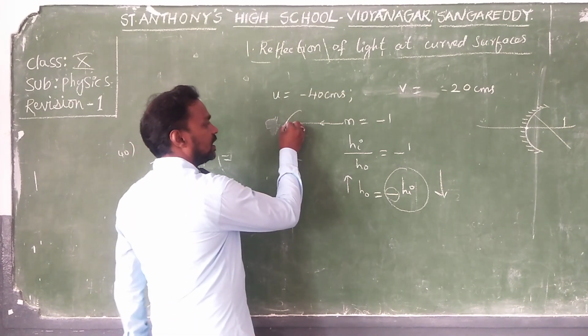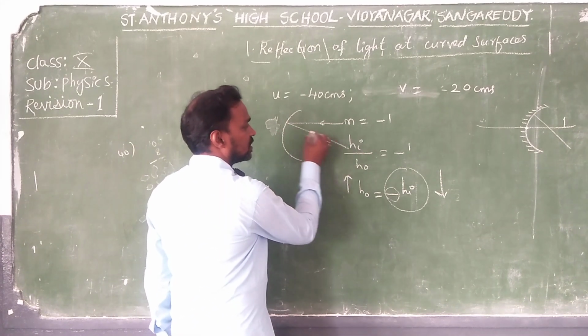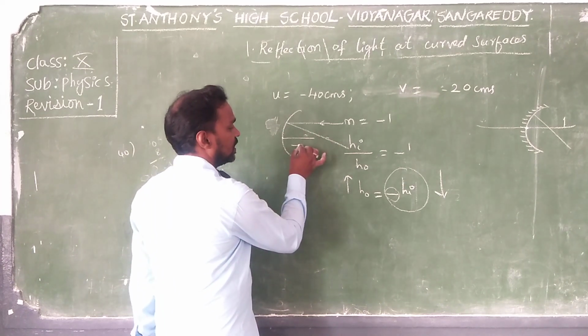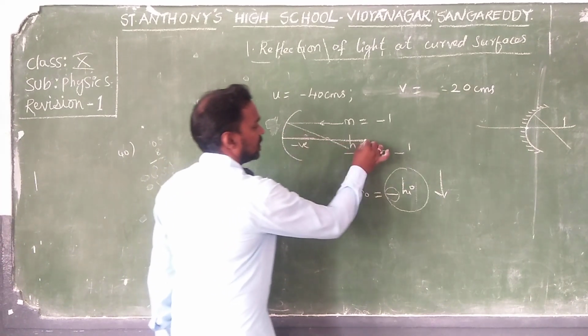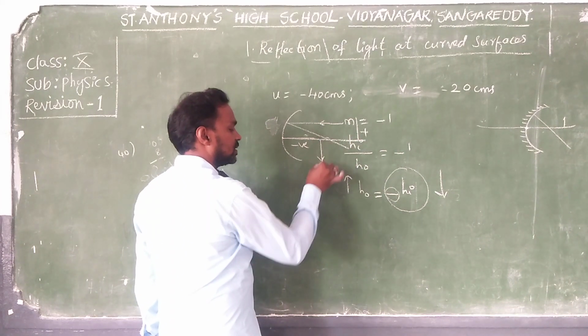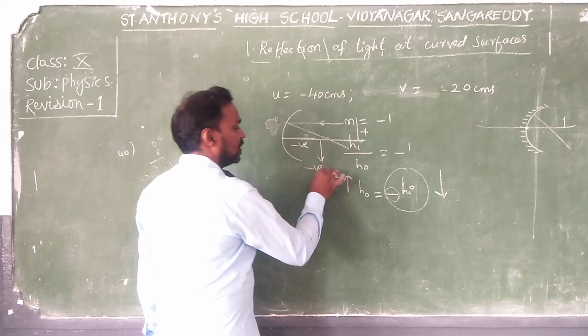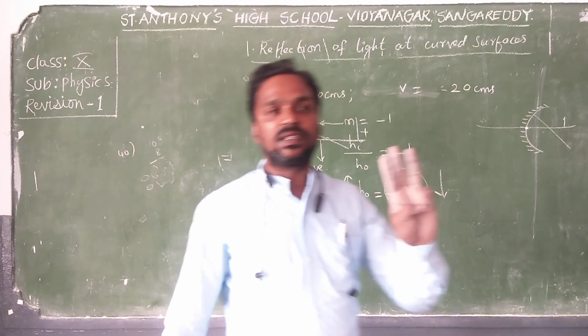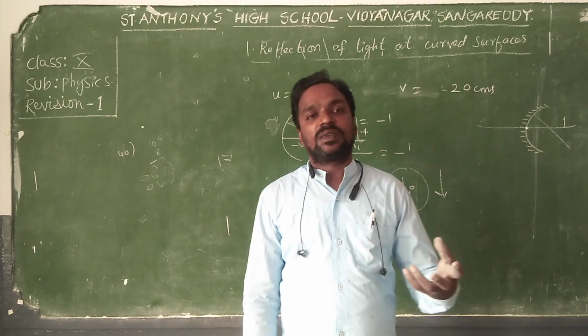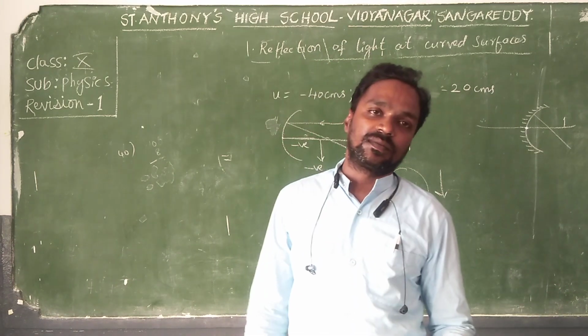After hitting here, it goes like this, so distance in this direction, from here to here, you should take as negative. If the object is above the principal axis, you take it as positive. If it is below the principal axis, you take it as negative. These are the three sign conventions which we have to learn compulsorily to solve the problems.